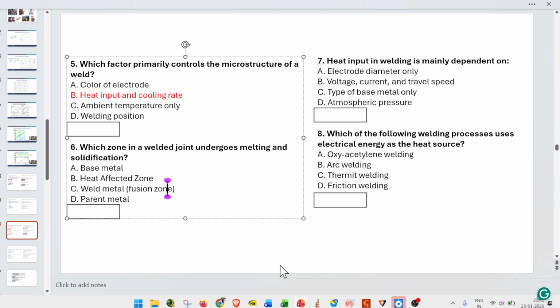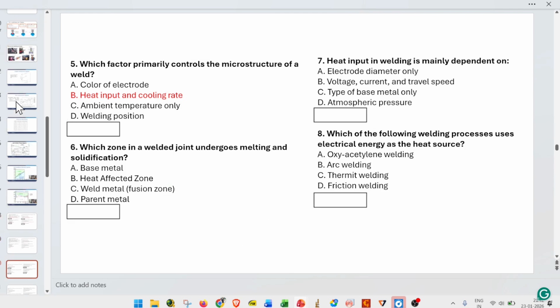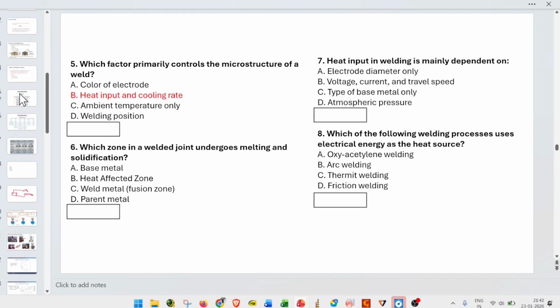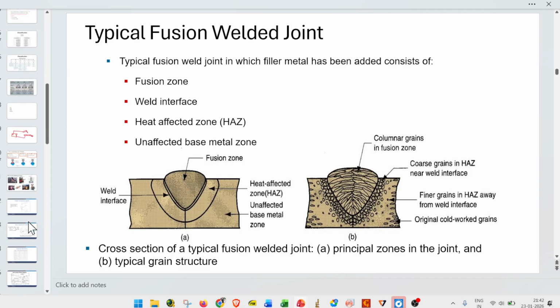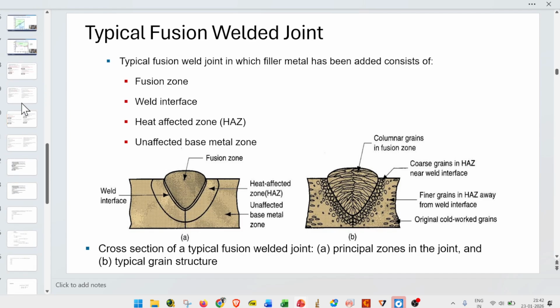As we discussed previously, we can see here the parent material, heat affected zone, and weld zone. Here only the weld zone is in the molten state, so it will form the weld bead. The heat affected zone never reaches the molten state. The parent material will stay in the same microstructure as before.